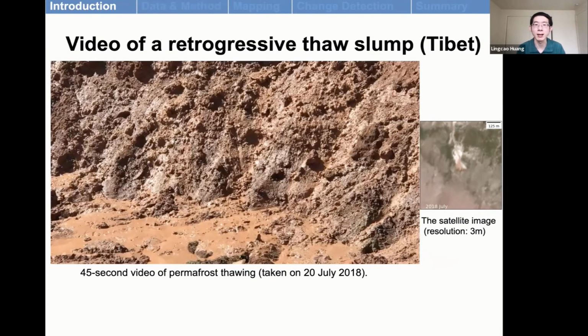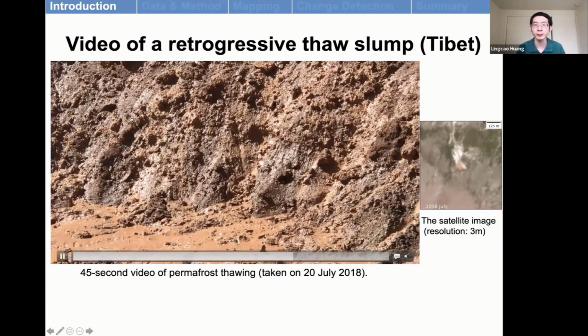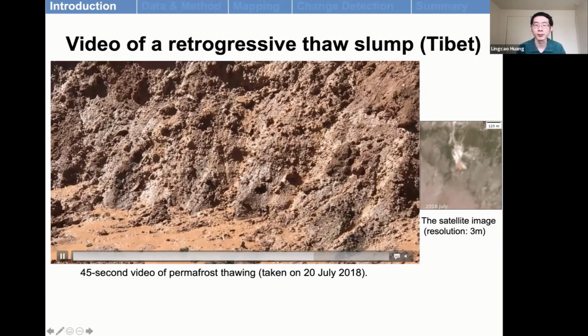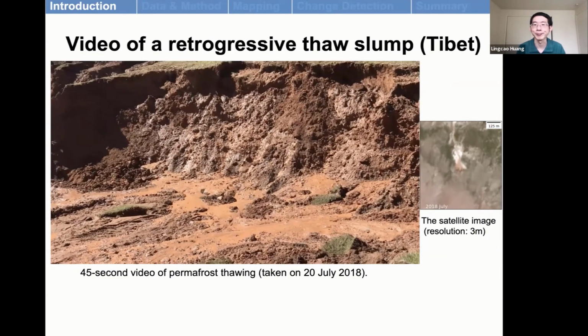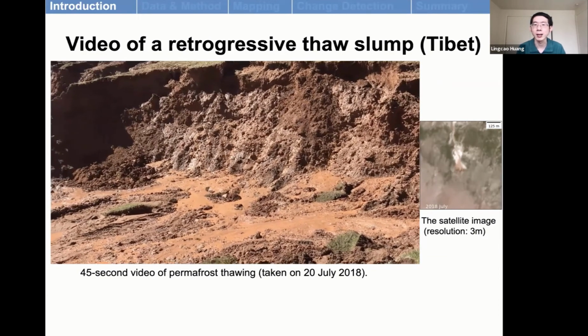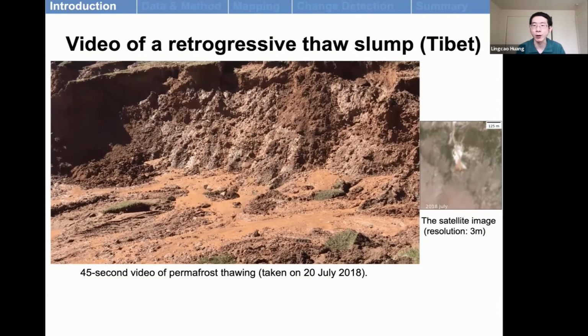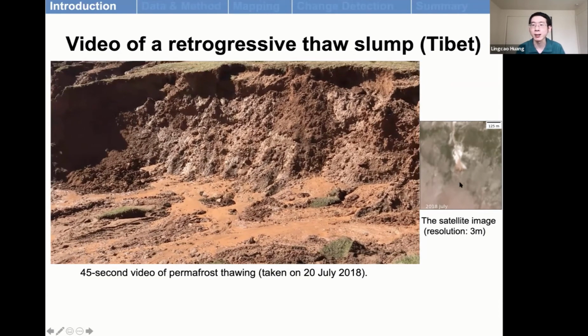We call this place the headwall. It is part of the exposed permafrost in a thaw slump. And on the right are the corresponding satellite images. I will show this video again.